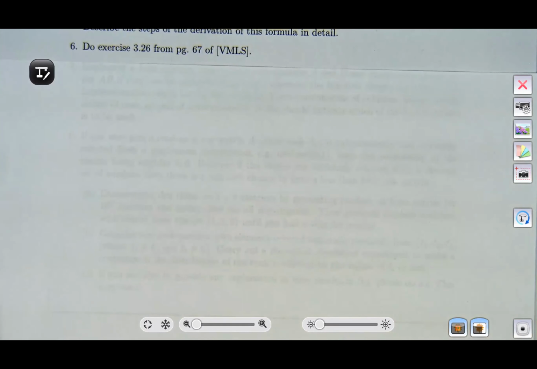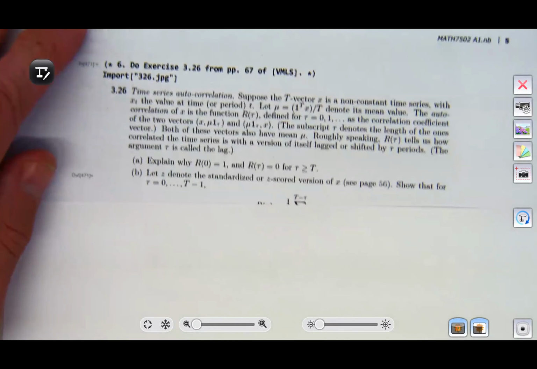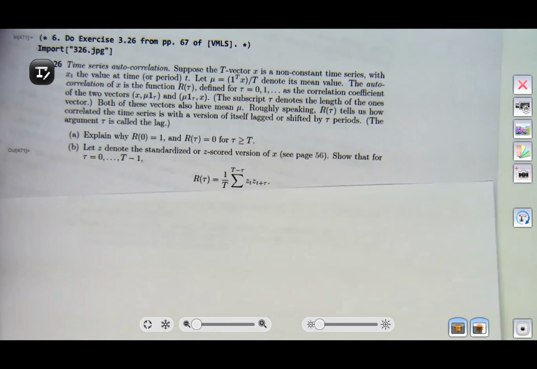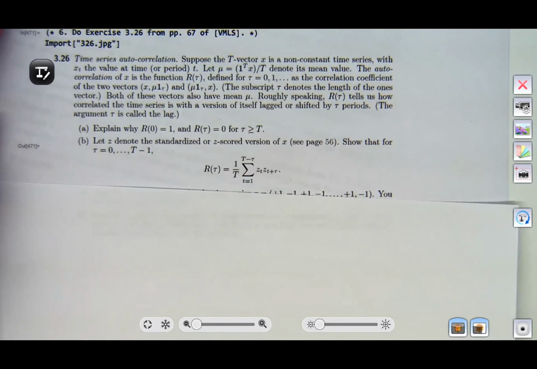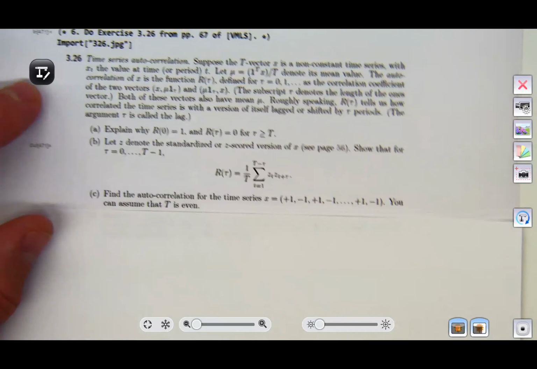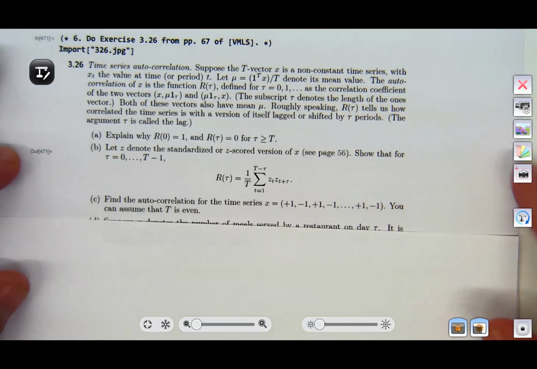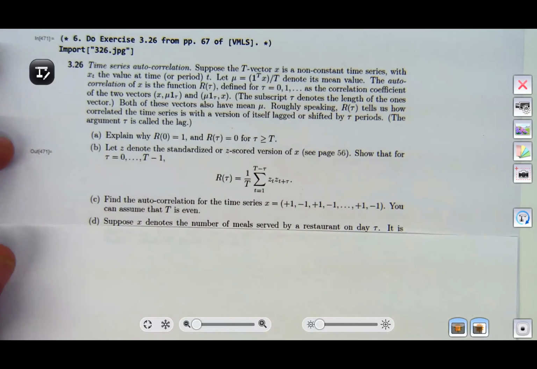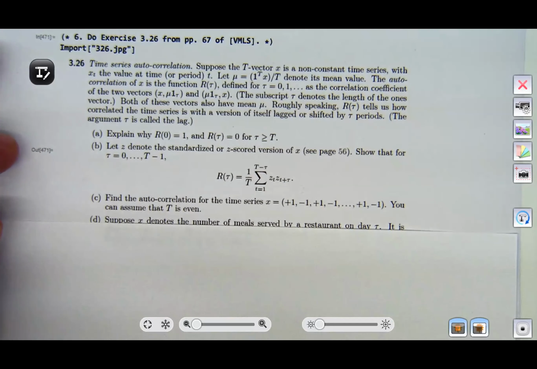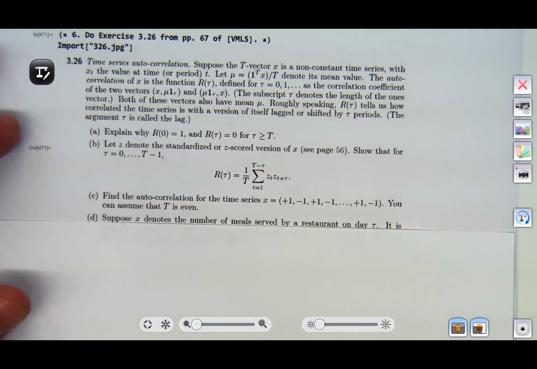Well, I have it right here. And let's carefully read through it. Okay, so we've got italics, time series autocorrelation. So that's just a title of the problem, okay? So you can tell by that it's going to be a nice problem.